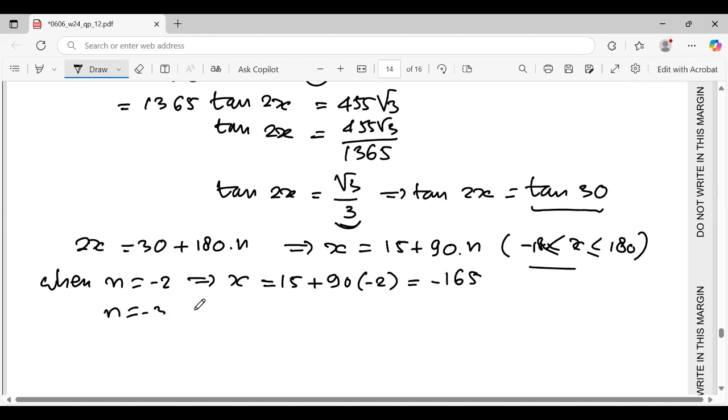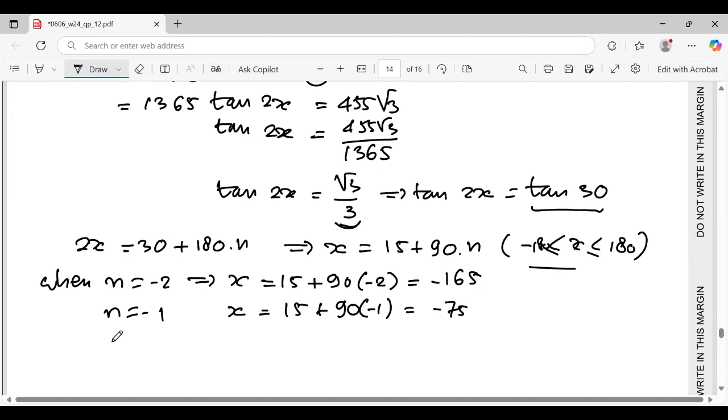n equals minus 3. Sorry, minus 1. But if minus 3, it is under the 180, so this becomes 90 minus 15, which is 75, minus 75.